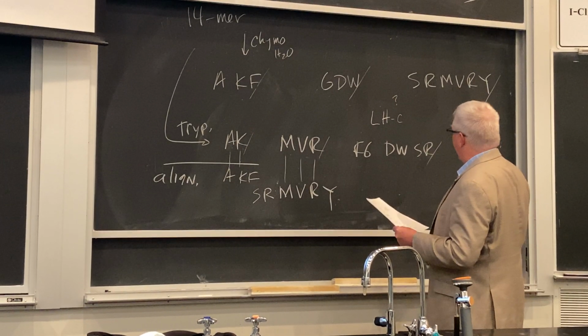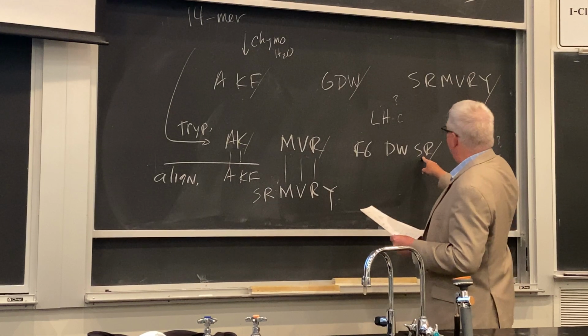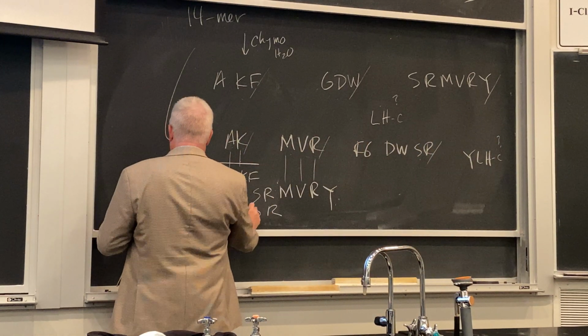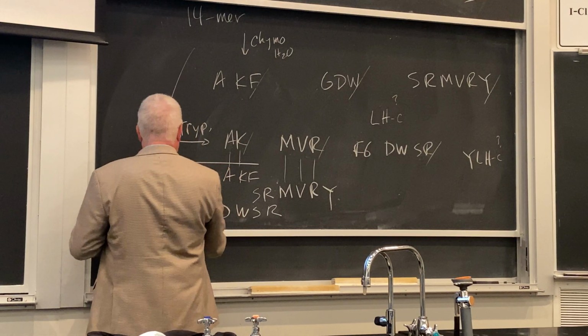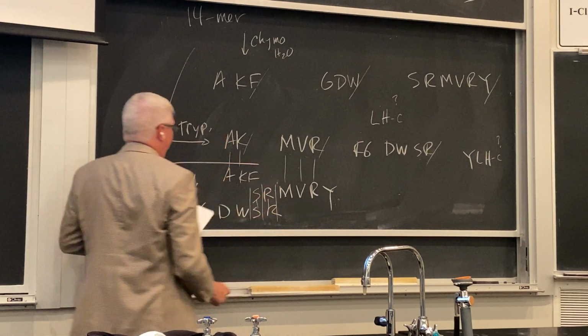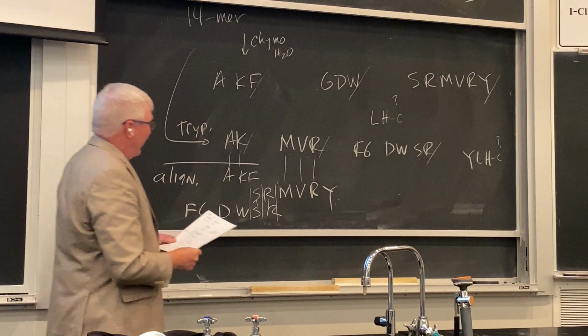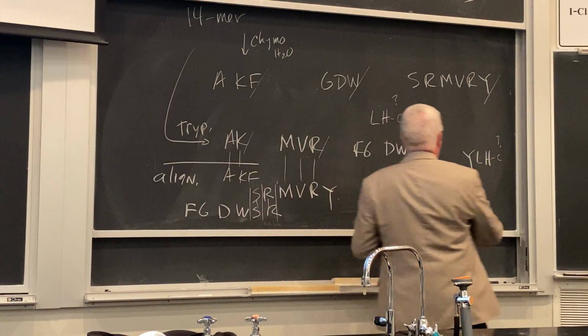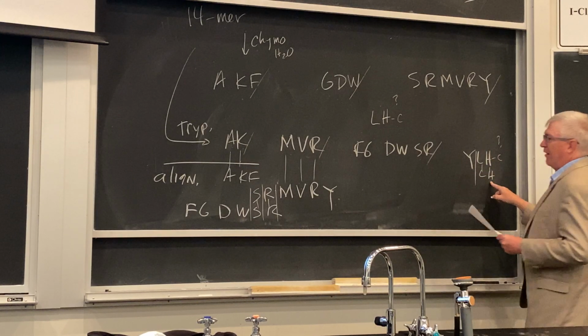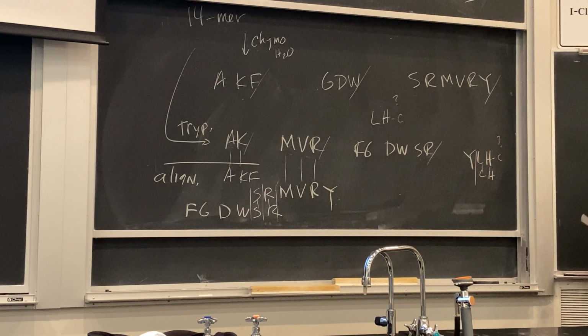MVR, and then we've got SR right here, right? That's R, and there was a W before that, DGF, okay, lining up right there. So you can kind of see how those line up, right? And then let's see at the end, we've got LH, and we've got the Y right there, okay? So can we propose a structure? Let's see.